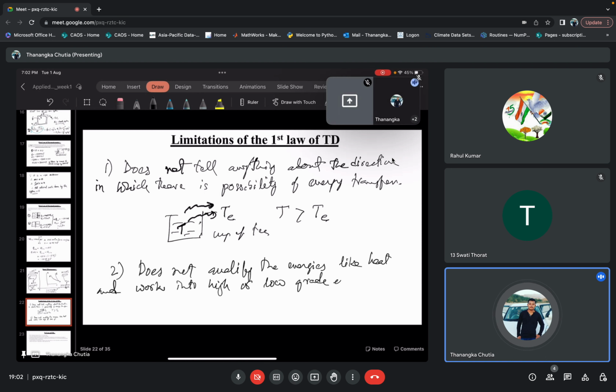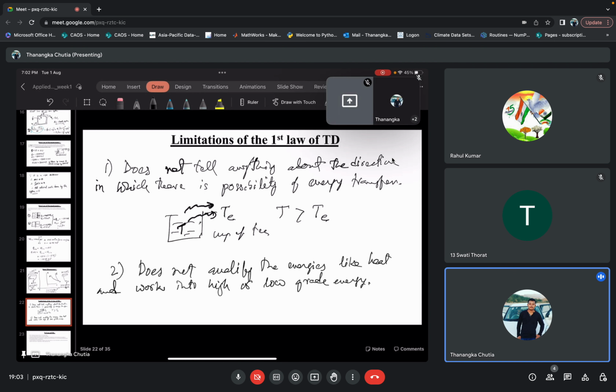Now what does this mean? Suppose you are rubbing your hands. That means you are doing some work on your hands, and your hands became hotter. So whatever work you are doing is getting converted into heat. Can you do the opposite? Suppose you heat your hand, can your hands be rubbed?